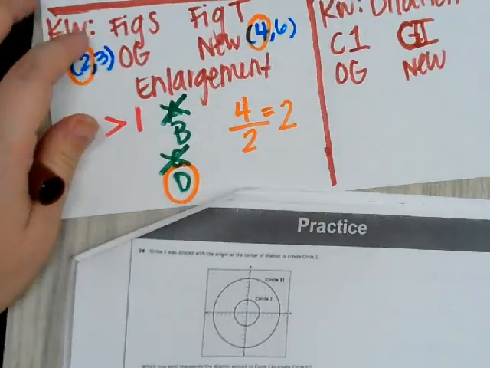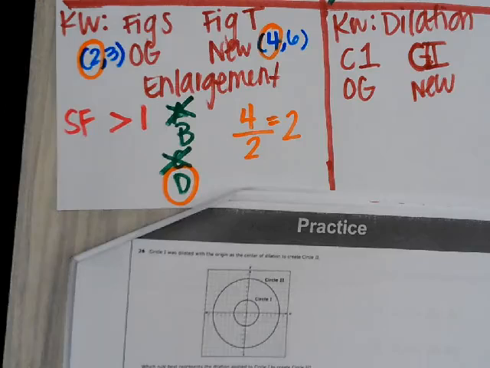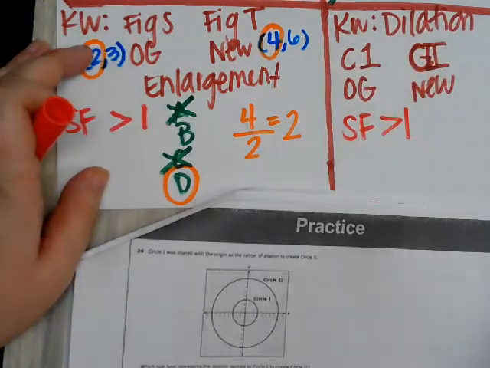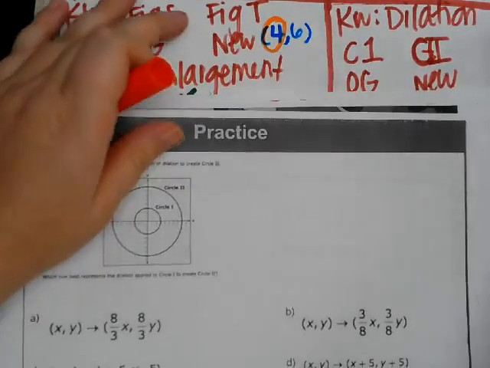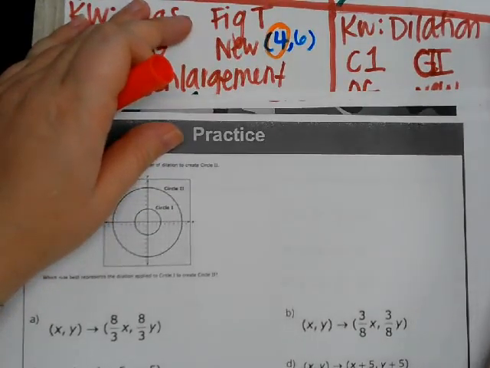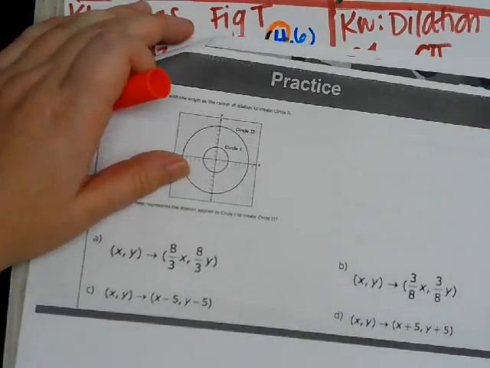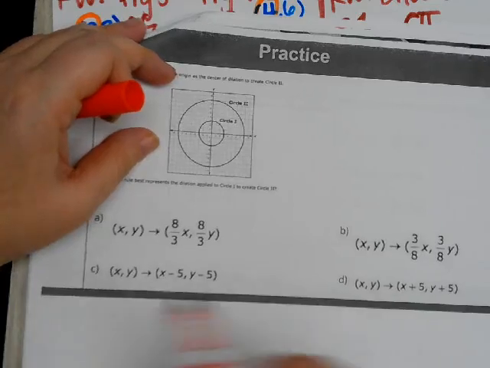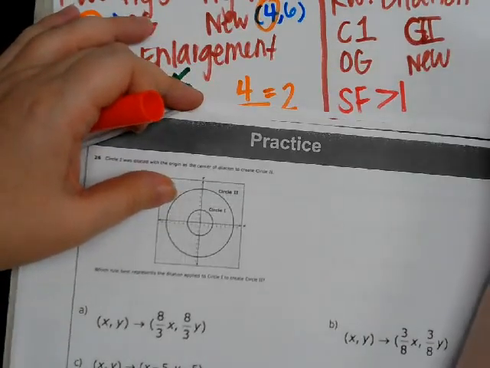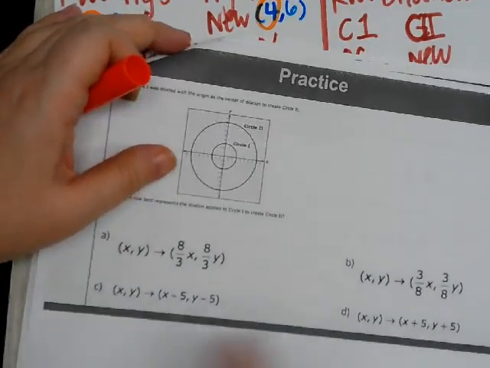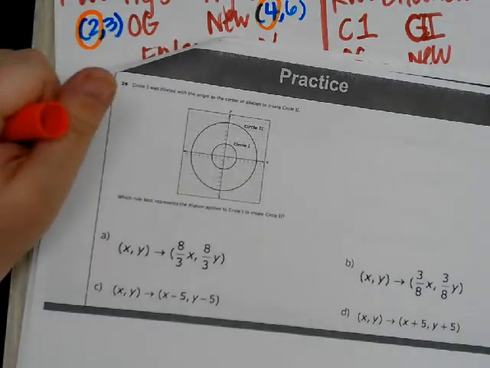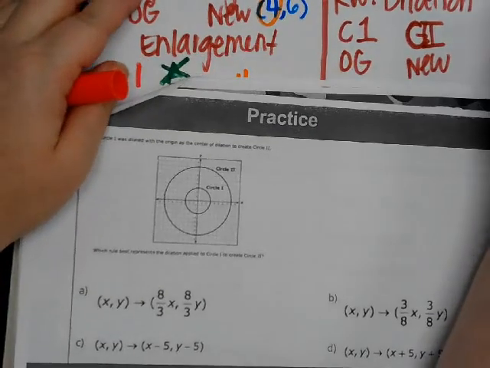Okay, we know it's an enlargement, so my answer has to be greater than 1. So if I look at my answer choices, I can go ahead and eliminate 2 of them right away because they have addition and subtraction. That's C and D. Why can I eliminate B? Because my scale factor is less than 1. So my answer is A.